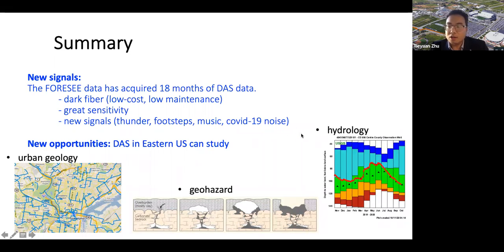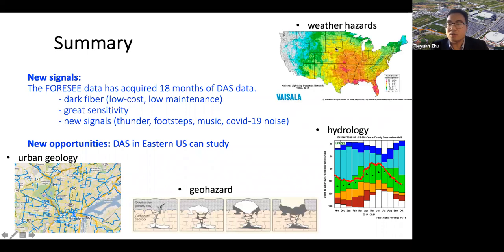Also the groundwater level is more variable in the Eastern US compared to the Western US. And the weather events probably bring another opportunity for seismologists, plus this dense array, to understand the subsurface or near surface and also the weather events as well.